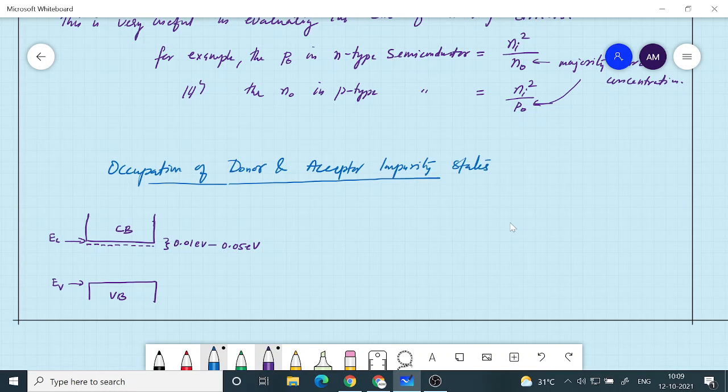It takes only very little energy. The reason why I am showing it as dotted is that these states are not interacting. The impurity atoms are far apart in the crystal, and that is true in most cases.